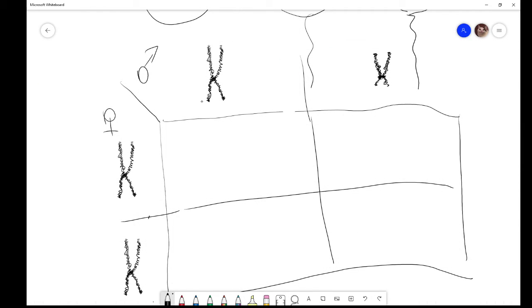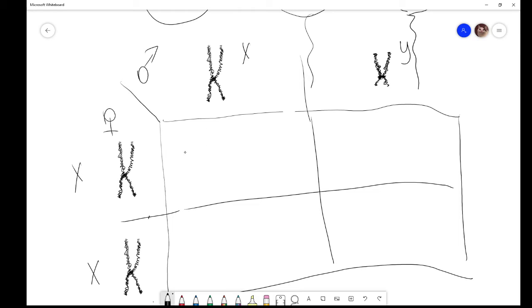This is the father's chromosomes on the top, and on the left we have the mother's chromosomes, both X. We have one X chromosome and one Y chromosome from the father. A male will have inherited one X chromosome from the mother and one Y chromosome from the father, and a female has one X chromosome from the mother and another X chromosome from the father.